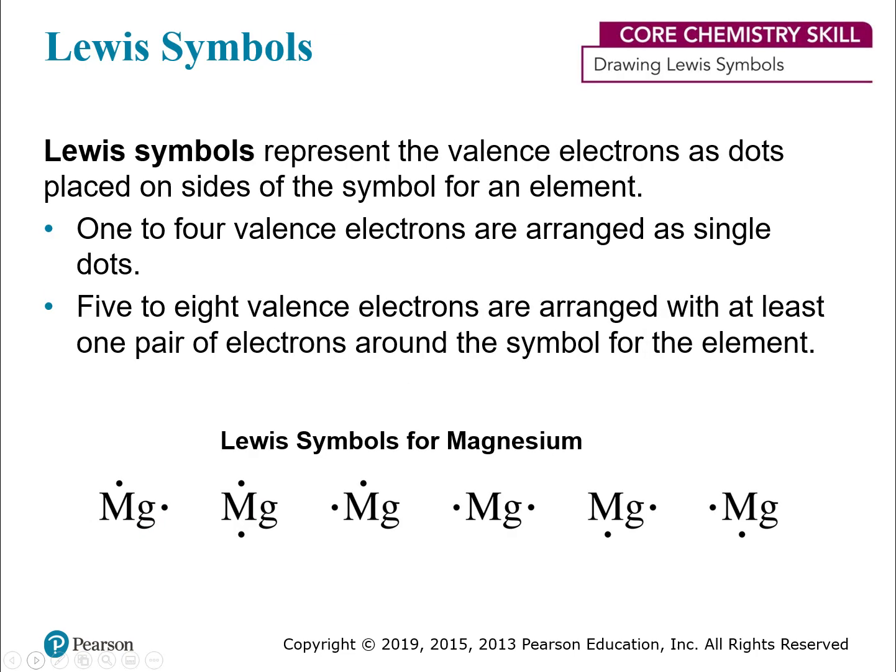So Lewis symbols represent the valence electrons as dots. So you write the symbol. Let's say we're talking about iron. Oh, I'm sorry, we were doing lead last, not iron.